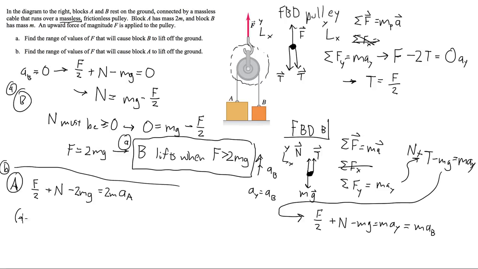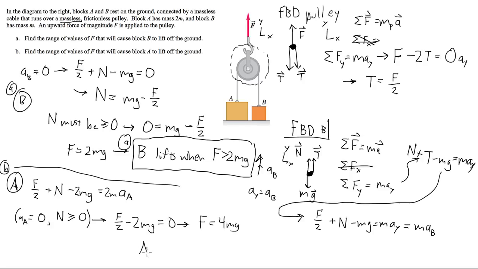So the condition is, if the acceleration of A equals 0, then the normal force has to be greater than or equal to 0. At the critical case where n equals 0, at the boundary, what you get is F over 2 minus 2mg equals 0. And so the critical case is F equals 4mg.